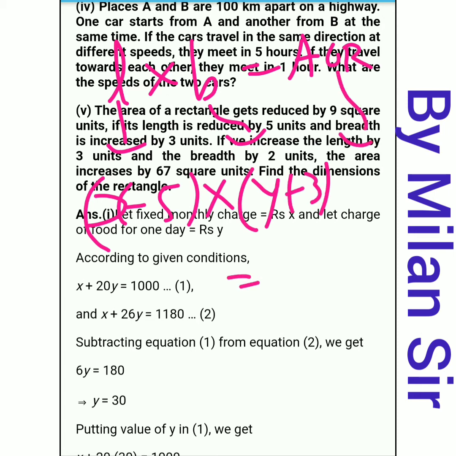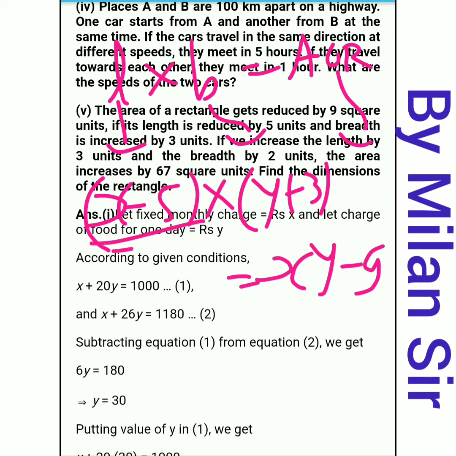It is given that the area is reduced by 9 square units, that means initially whatever area we have is reduced by 9, so xy minus 9. New length multiplied by new breadth equals new area. Length reduced by 5, so x minus 5, breadth increased by 3, so y plus 3, and area reduced by 9.